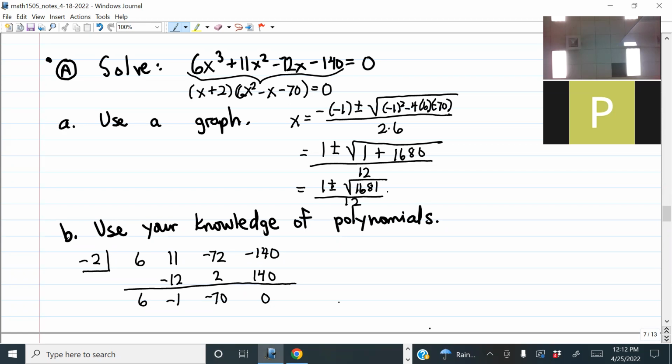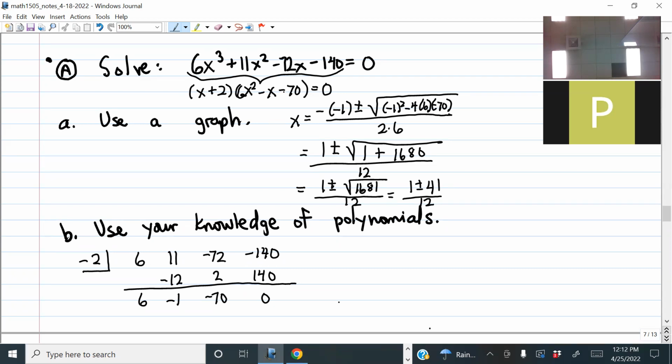Oh, that's interesting. 1681 is a perfect square. Who would have guessed? I think its square root is 41. Yep. Oh, so that's not bad at all.